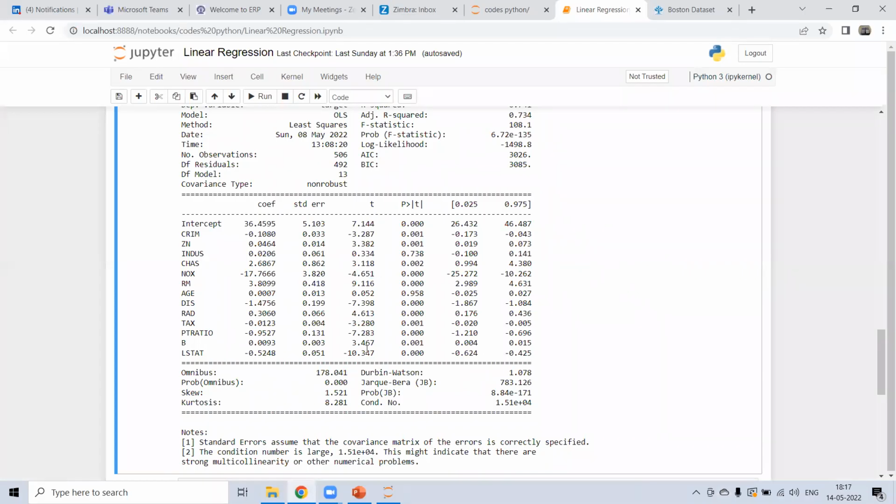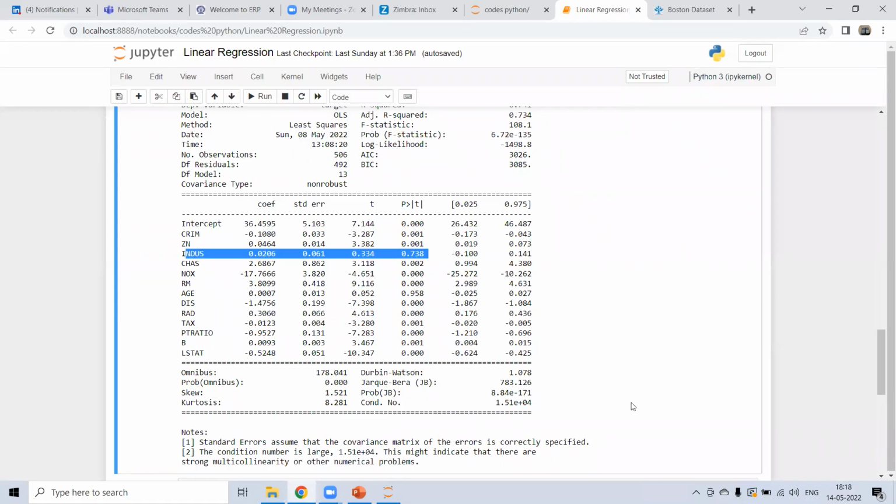All the T values have been put in the T table, and they found out the P value. If the P value is higher than 0.05, for example, for this one, age, or for this one, Indus, these two are not significant. These two have no impact on the model.